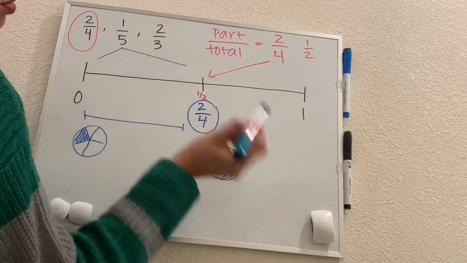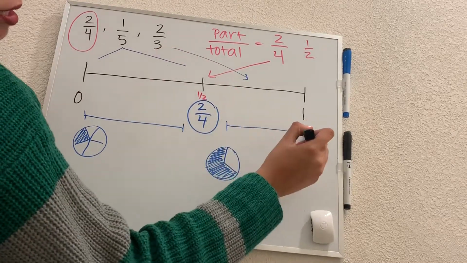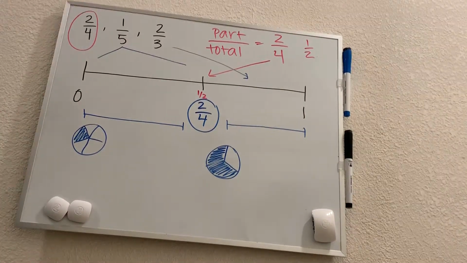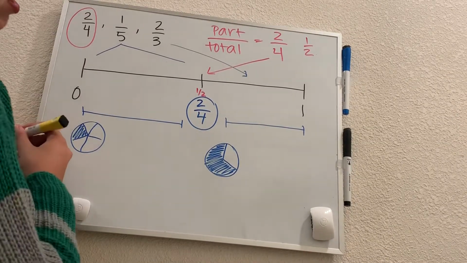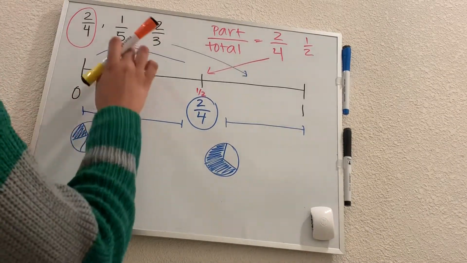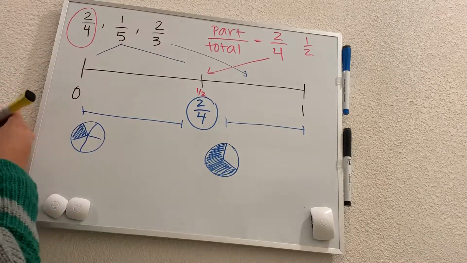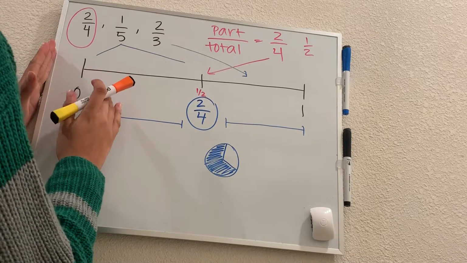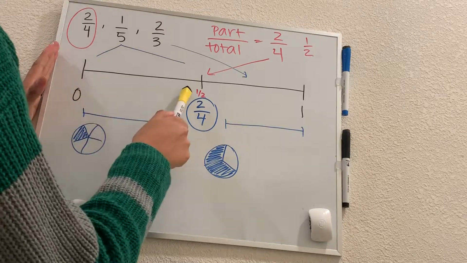So we know 2/3 is going to go somewhere here, but we're not sure exactly where yet. Okay. So now let's look at 1/5, okay? We have to know exactly where 1/5 would fit here.